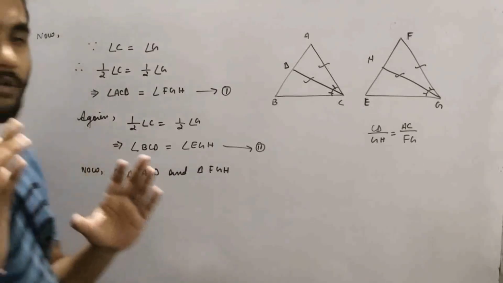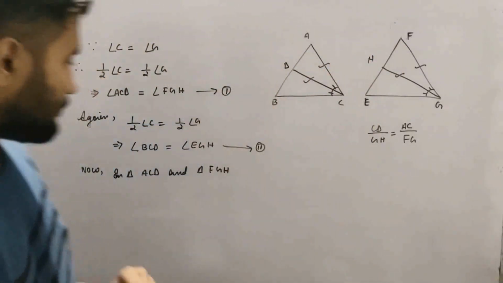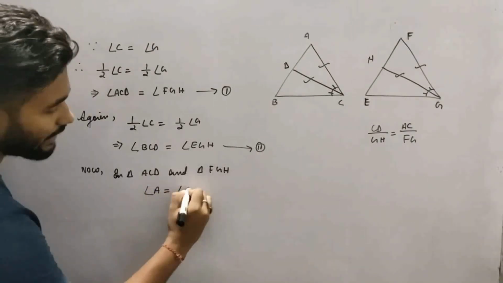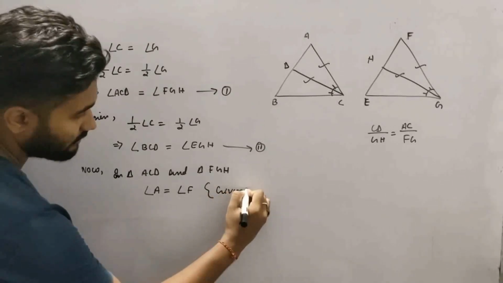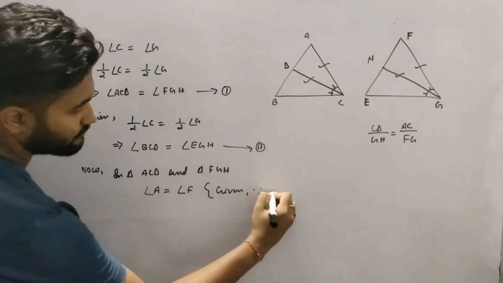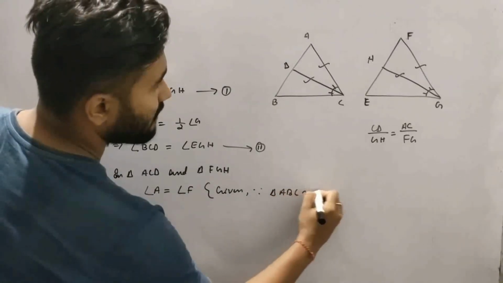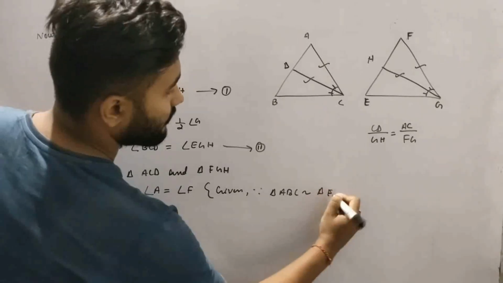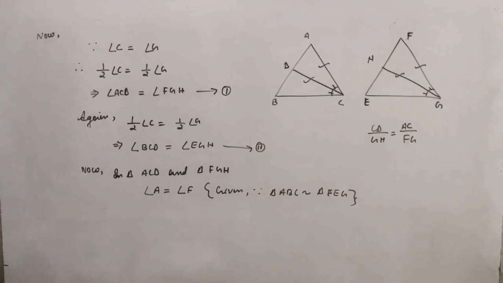We have already got that one, right? Angle A is equal to angle F. Already we have got. So I can use that one. Angle A will be equal to angle F, given, right? Since triangle ABC is similar to triangle FEG. Isn't it? Already it is given in the question.